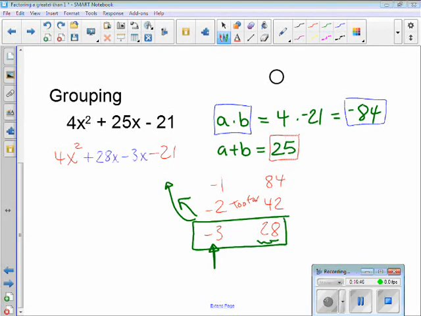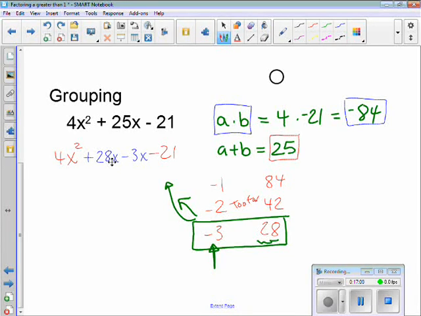So notice what I did. I brought the two numbers over. I stuck an x after them, and that's my next step, right? So to review, I looked at taking 4, the first number, the coefficient, and the negative 21. I generated negative 84. And then I generated 25 by simply pulling it out of the equation.